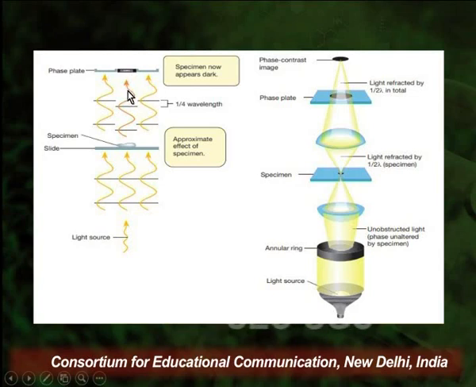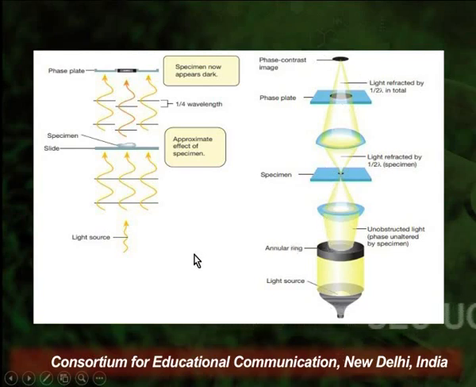Because of the thickness of the specimen and the intracellular components, the velocity of the photons passing through the specimen slows down, and this creates a change in the phase, which is perceived at the image plane.